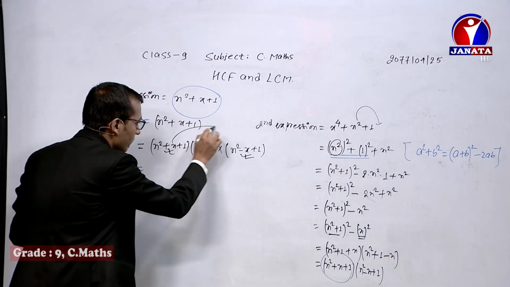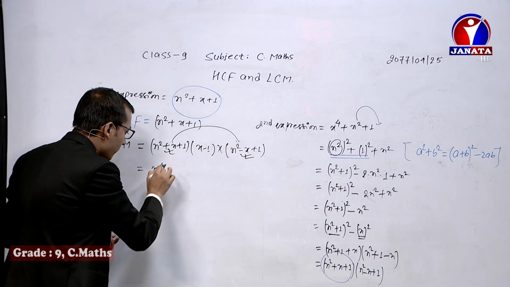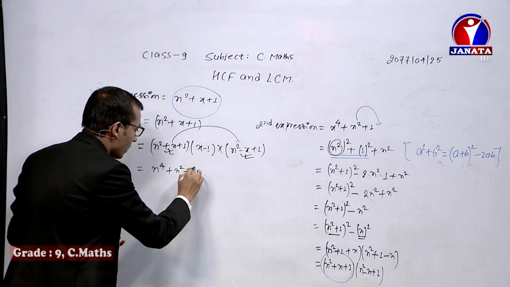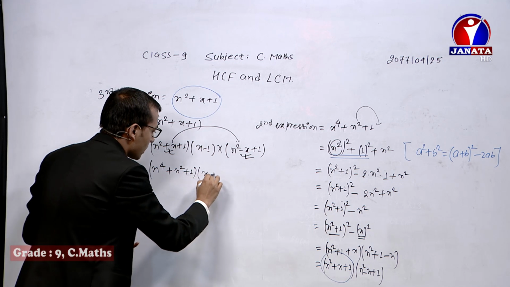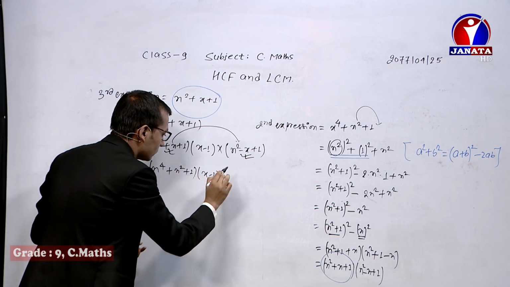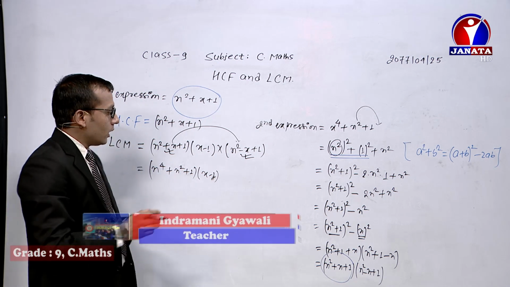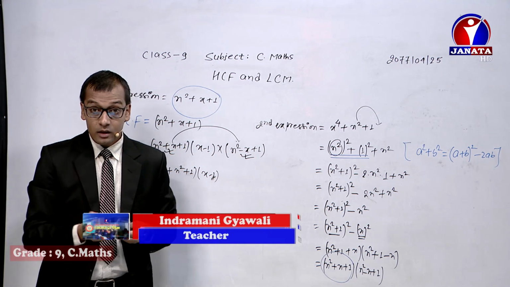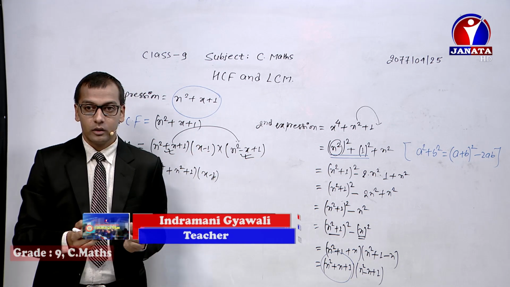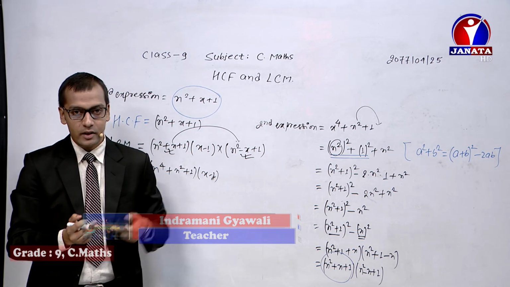If we combine first and third, x power 4 plus x square plus 1 times x minus 1. So this is LCM. I hope you are getting the concept of HCF and LCM.